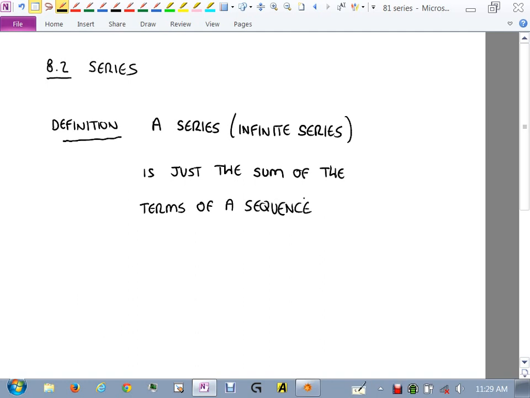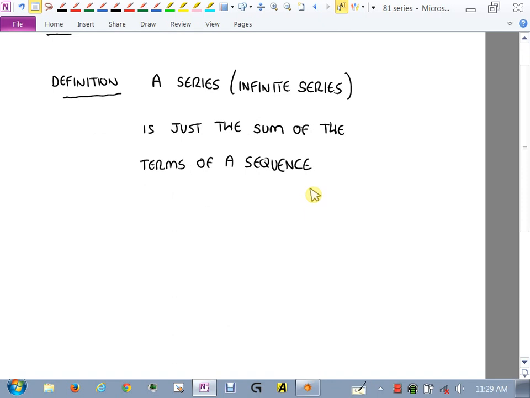You take a sequence, which is a list of numbers, and you add them up. If your sequence is finite, then your series is finite. If your sequence is infinite, then your series is infinite. So in other words, if a sub n is given, a sub 1, a sub 2, a sub 3, let's say it's an infinite sequence, right? So that's a sequence.